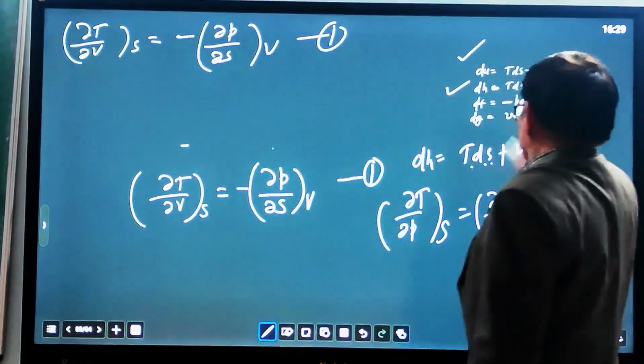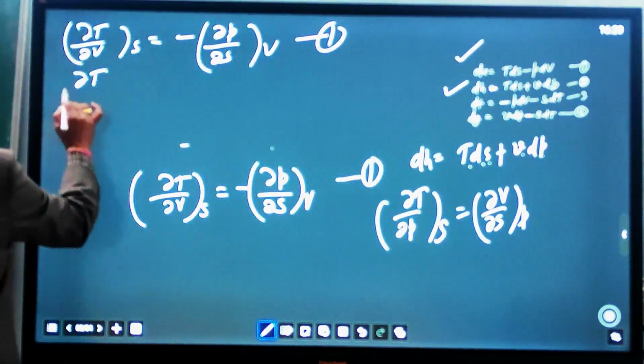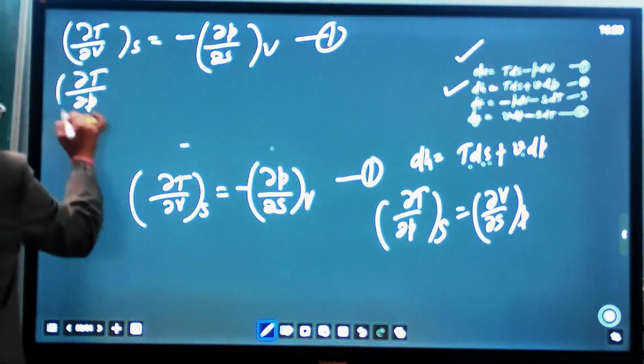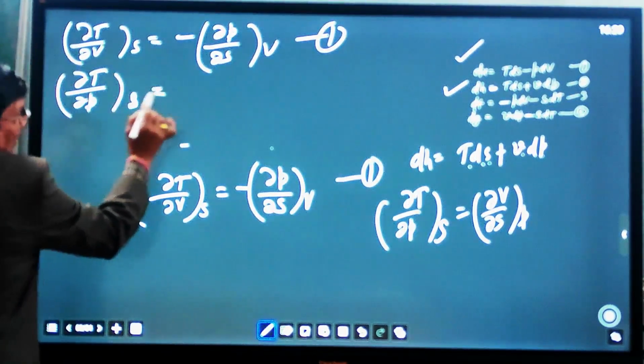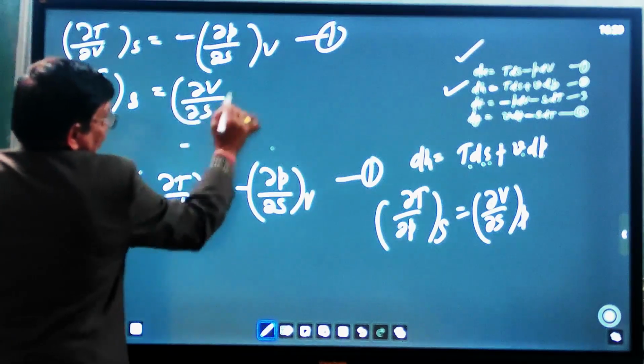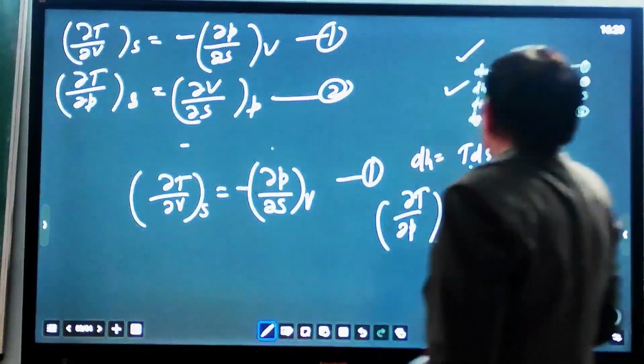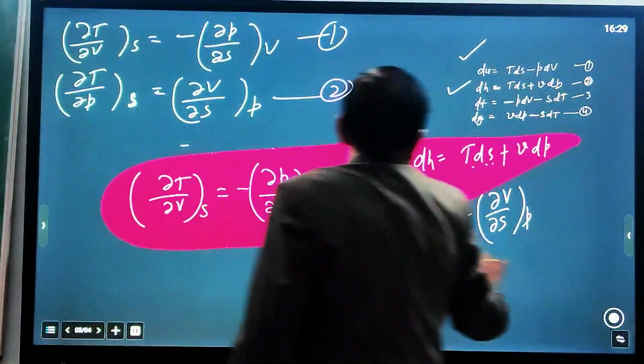And corresponding to the second equation, you see del T over del P at constant S equal to del V over del S at constant P.